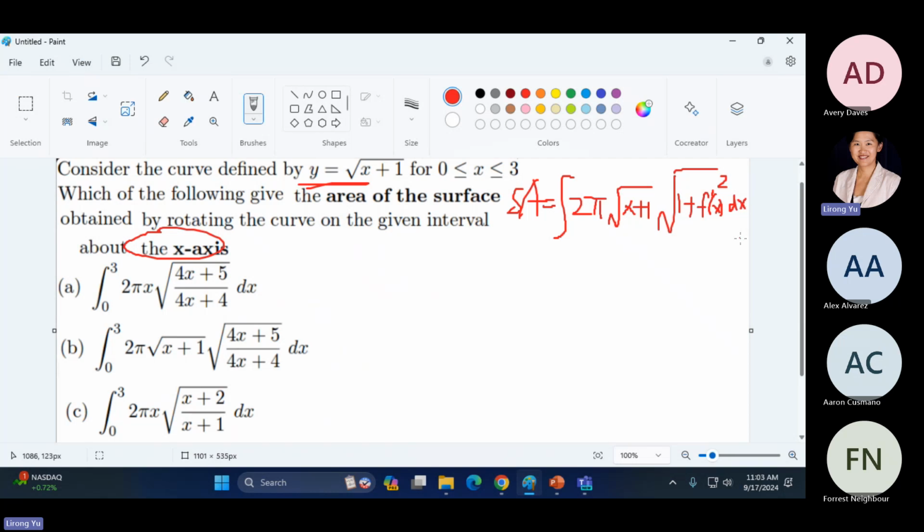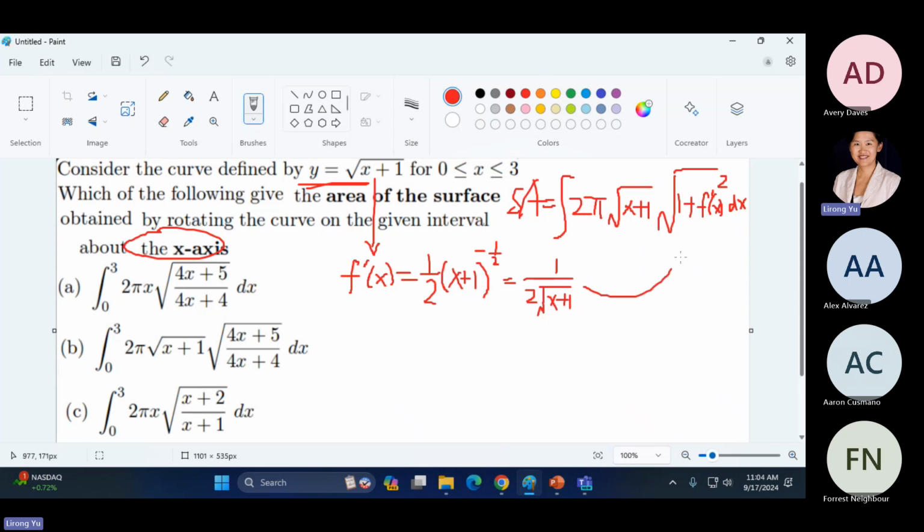So that's the intended calculation, but we still have to figure out the derivative. Given that function, the derivative is applying the power of 1/2, and you take the power minus 1. 1/2 minus 1 is negative 1/2. So essentially it's 1 over 2 times the square root of x plus 1.